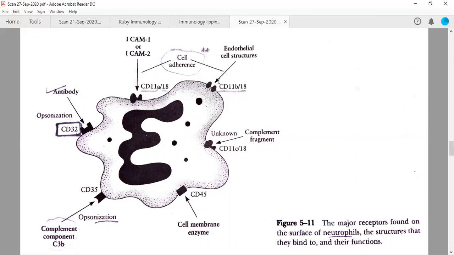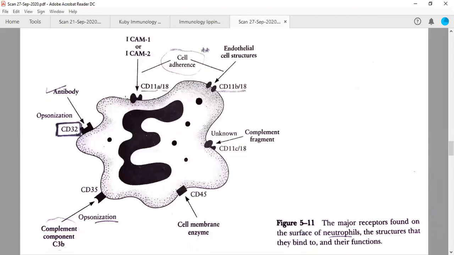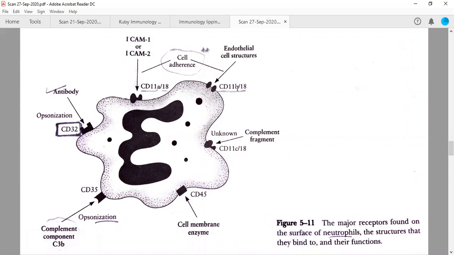So these CD markers present over a particular cell will differentiate different immune cells. For example, neutrophils have these following CD markers: CD32, 35, 45, 11 A, B, C, and CD18, right? These are major receptors which are present over the surface of neutrophils.